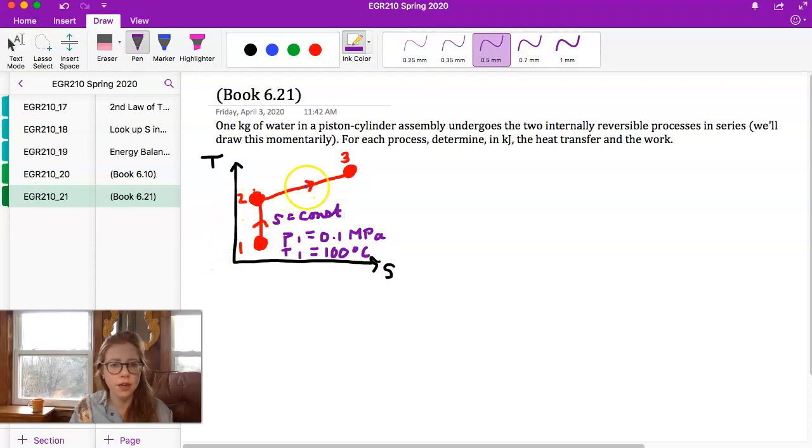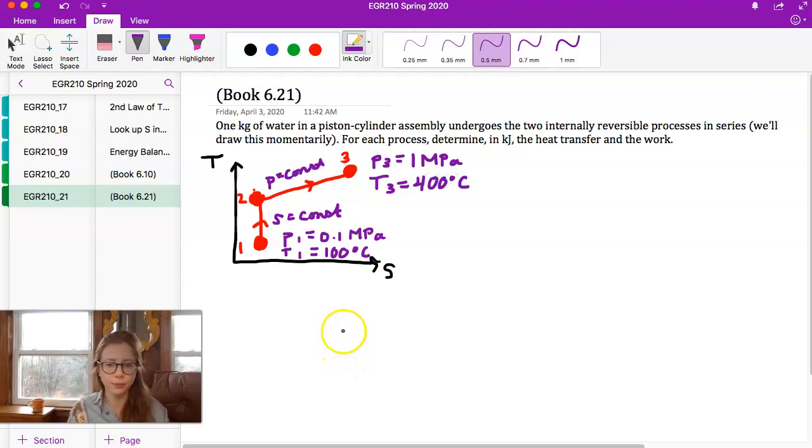And here is going to be an isobar, so this is P equals constant from 2 to 3. And then we're going to end with P3 being 1 megapascal, and T3 is going to be 400 degrees Celsius.